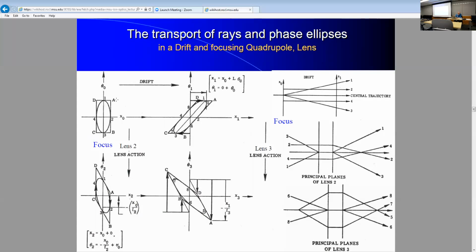If that ellipsoid is upright, we call that a focus. A focus has, even at zero location, you have some rays outside.